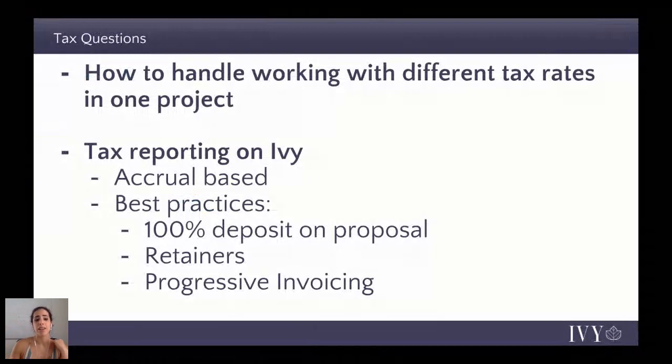Accrual means you are paying taxes on any document, any invoice that you create, even if money has not yet been received. And at Ivy, we handle tax reporting on an accrual basis. And we do this for a couple of reasons, but most importantly, it's to allow for simpler and cleaner accounting.